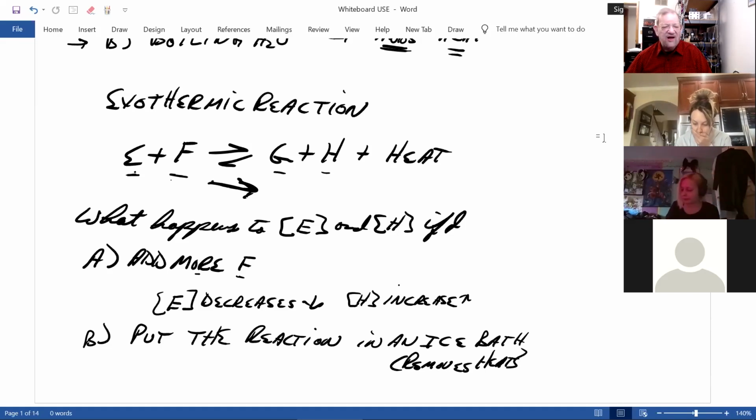Now, even though it's not an equilibrium constant, for an exothermic reaction at equilibrium, there was a certain amount of E, F, G, H, and a certain amount of heat. What happens when we put it into an ice bath? Oh no, we've removed heat.